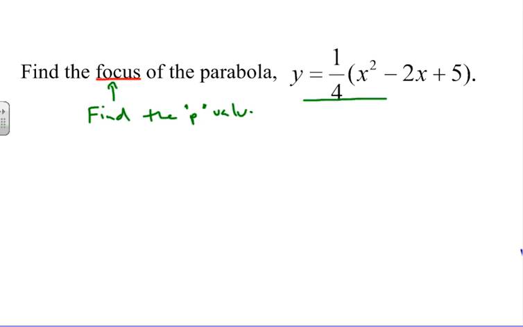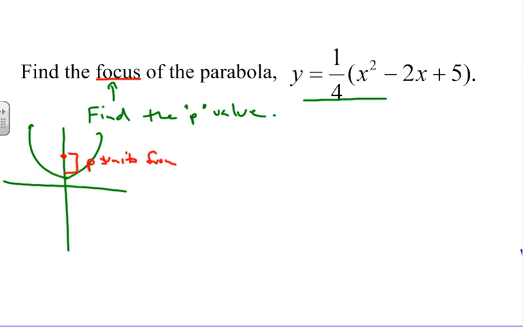Now, just for reference, we know that when we have a parabola, this one appears to be opening up, like so. And the p-value, now this is not that parabola over there, but what we have is the focus is located p units from the vertex.